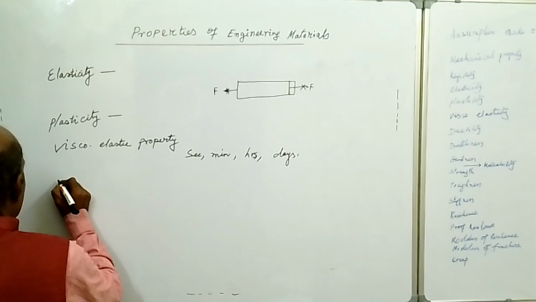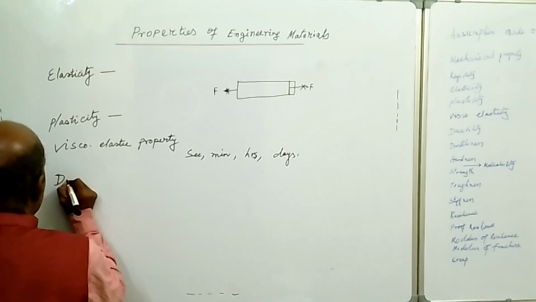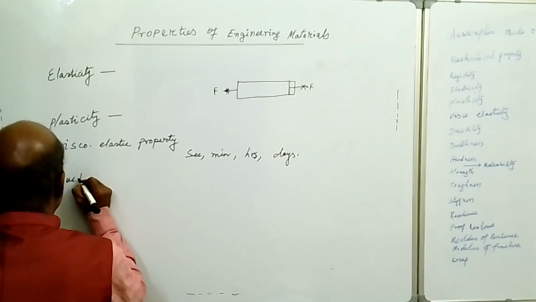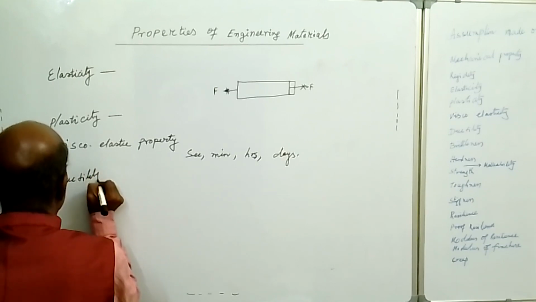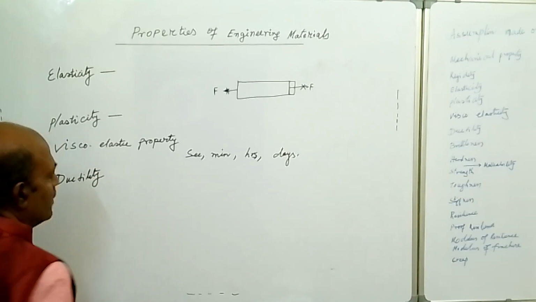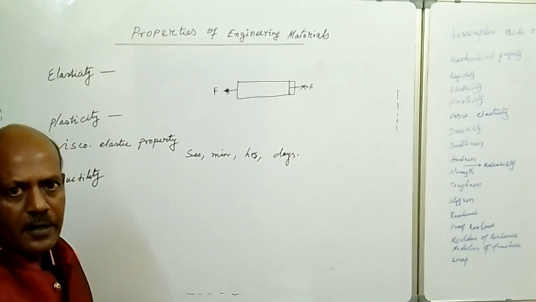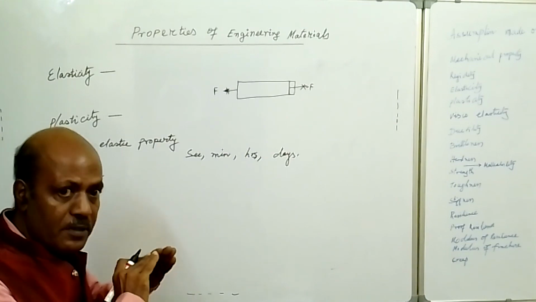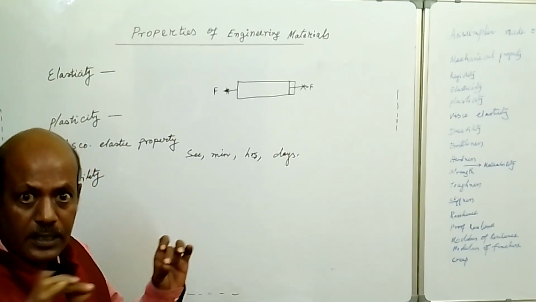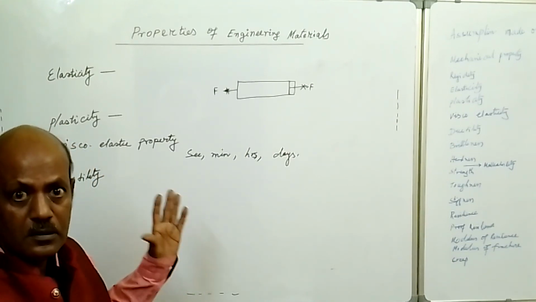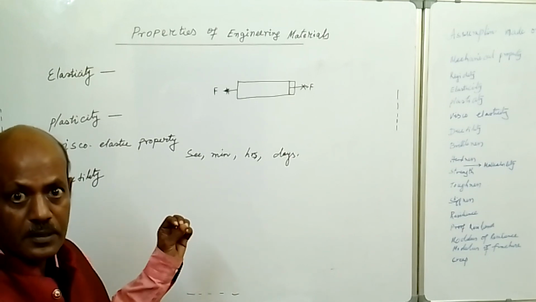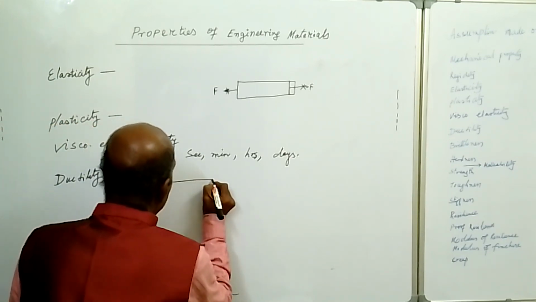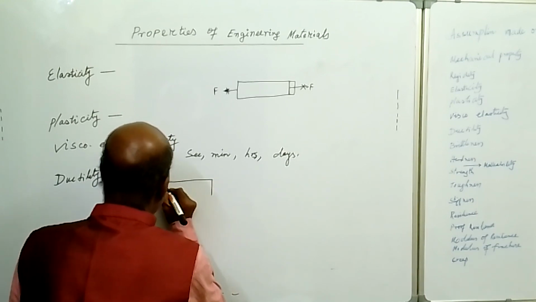Next important property we will see is ductility. This is the property of a material by virtue of which the body can be elongated to a thin wire without cracking or crack formation.